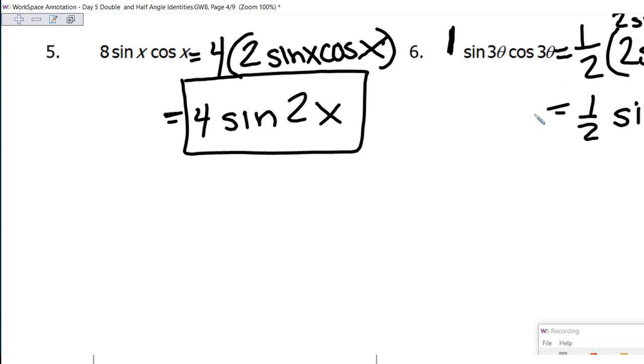So go ahead and multiply that. So this is going to be 1/2 times the sine of 2 times 3 theta, which would be 6 theta. No, just the coefficients are multiplied. This is part of the angle, so the angle is not cut in half.